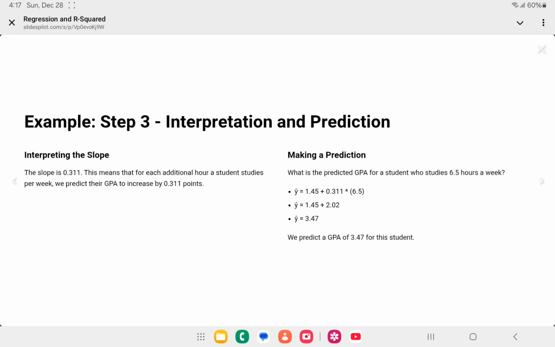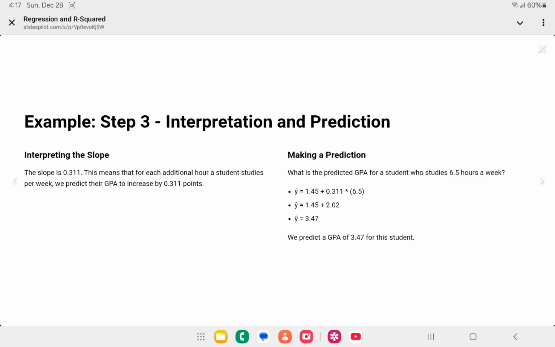For example, based on this data, if we have a student who studies for 6.5 hours a week, we can predict this student's GPA. All we do is plug the value 6.5 into the formula, and we get a y hat of 3.47.